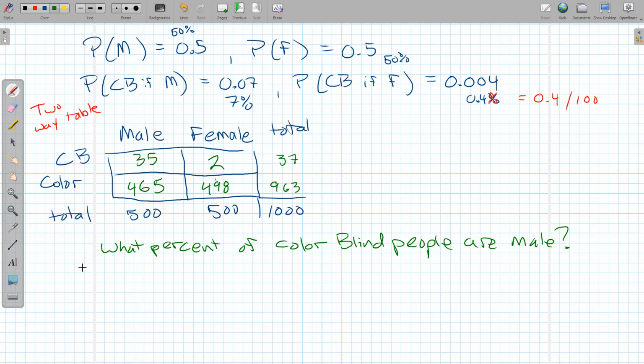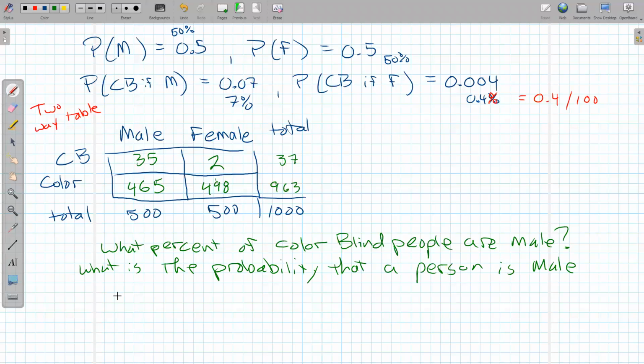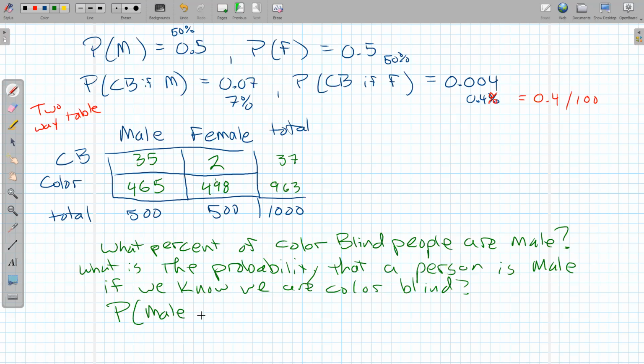Another way to state that is the probability that a person is male if they're colorblind. I'm sure there are many other variations there, but that is the probability that someone is male knowing they are colorblind.